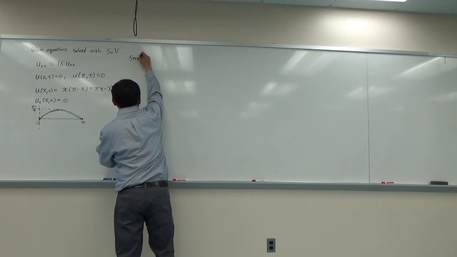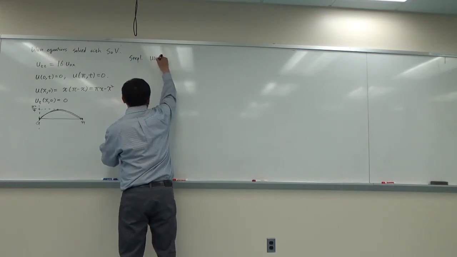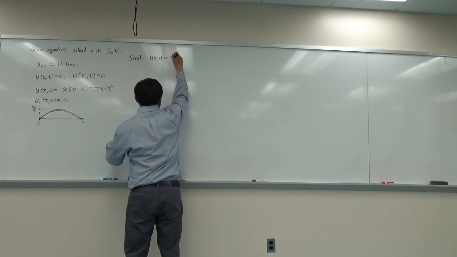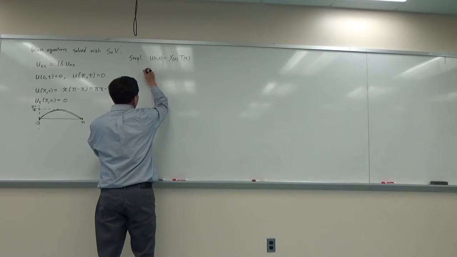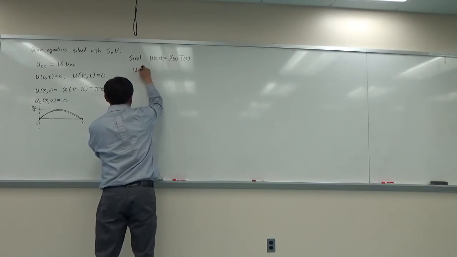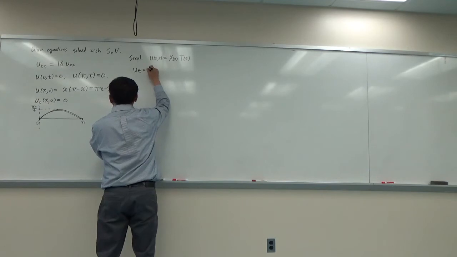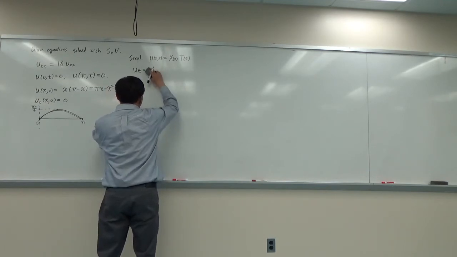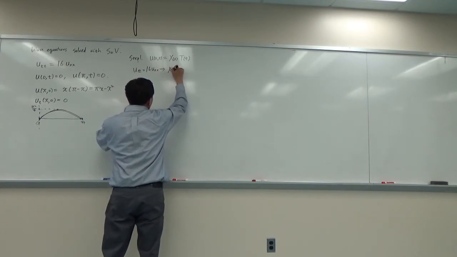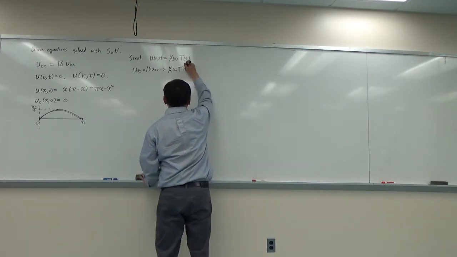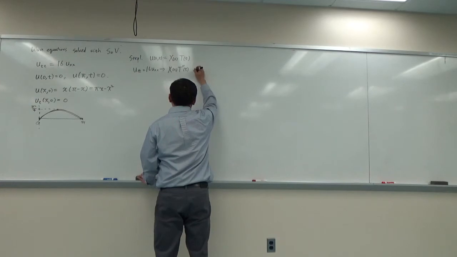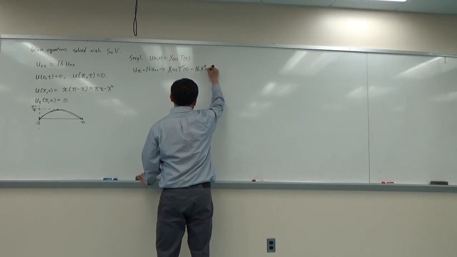Step 1, set u(x,t) as some function of x times some function of t, so that if you plug it into u_tt equals 16 u_xx, that becomes X(x) T''(t), and then equals 16 times X''(x) T(t).